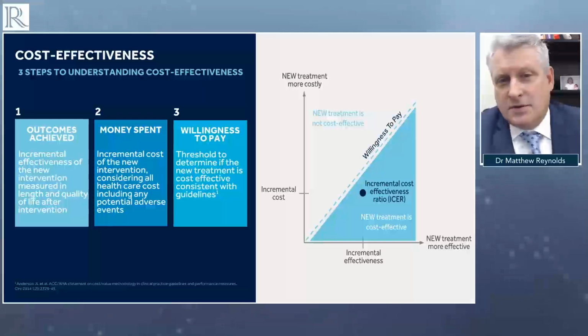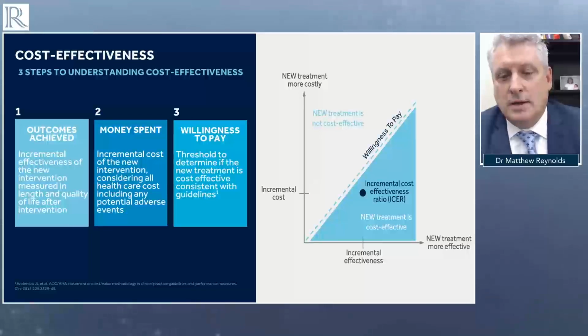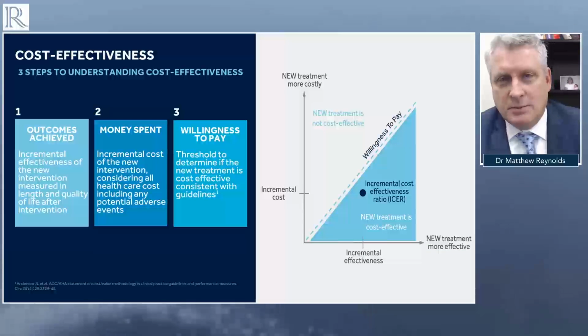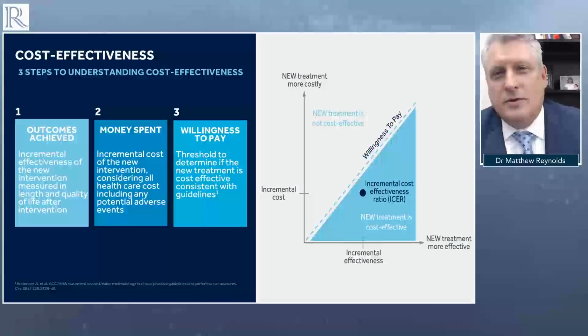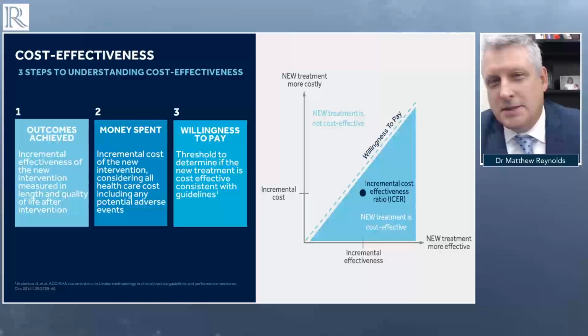So one of the first variables we have to know is the willingness to pay threshold, or what cost effectiveness threshold is considered acceptable or not acceptable. And the easy thing for researchers is that that is provided. That is one of the three things, so we're already a third of the way done. See how easy that was?